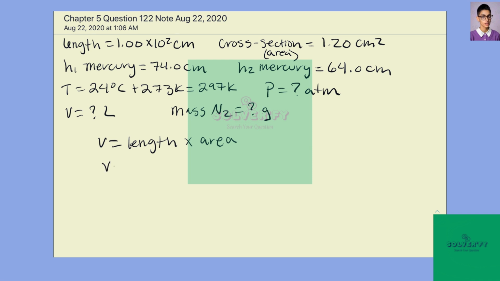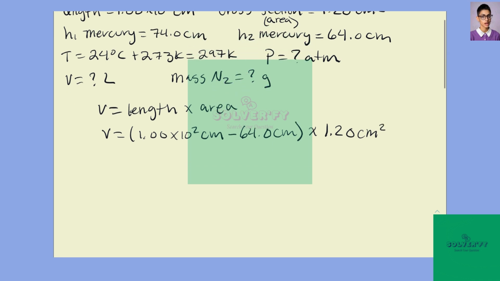So our volume is going to be 1.00 times 10 to the second centimeters, and we're going to minus 64.0 centimeters because we want our volume before nitrogen was introduced. And then we're going to times this by 1.20 centimeters cubed.